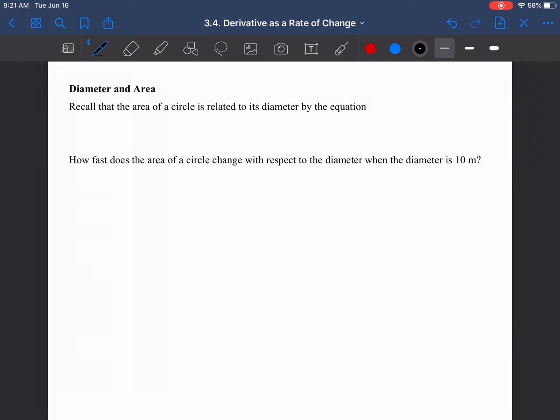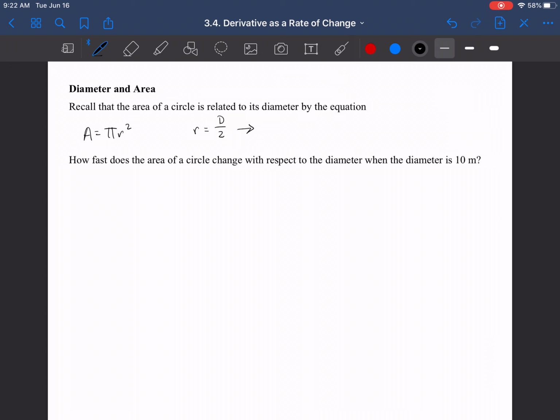All right, so let's look here. Diameter and area. Recall that the area of a circle is related to its radius by the equation area equals pi r squared. Remember, the radius is half the diameter.